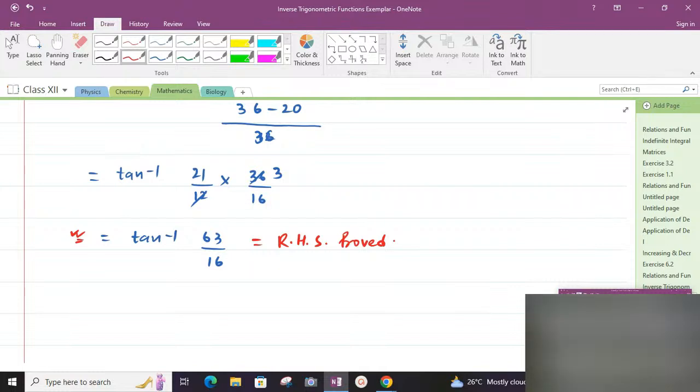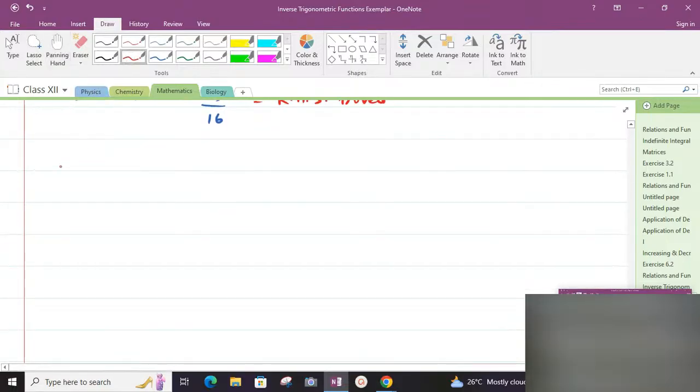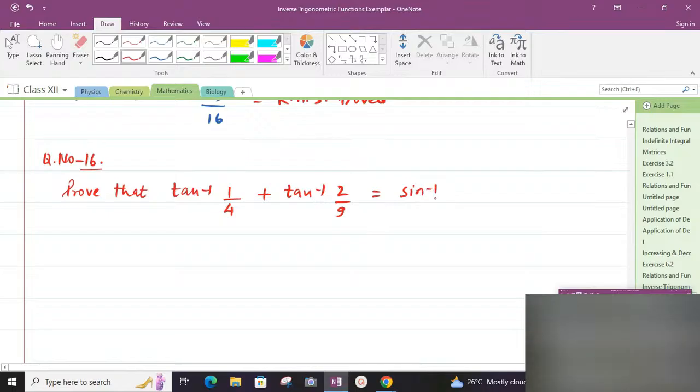Let's see question number 16. Prove that tan inverse 1 by 4 plus tan inverse 2 by 9 equals sin inverse 1 by root 5.